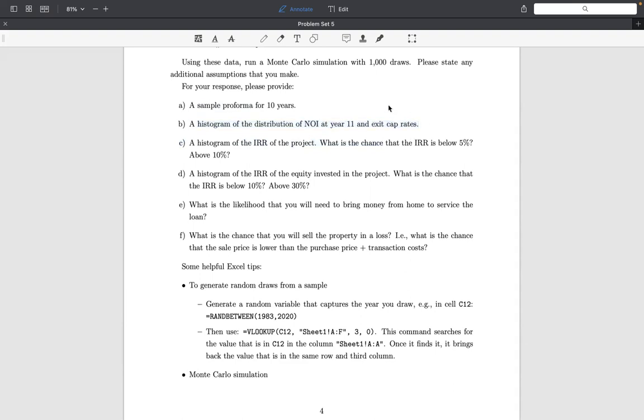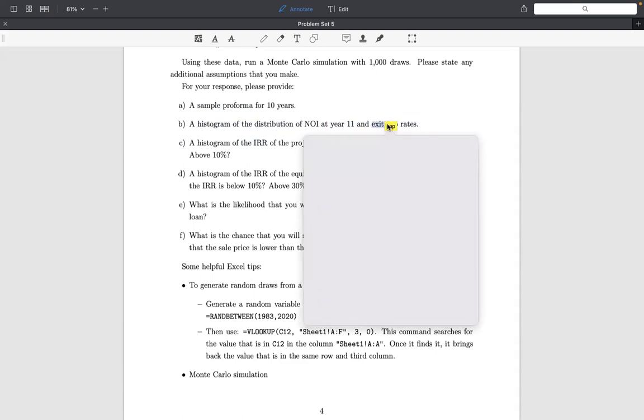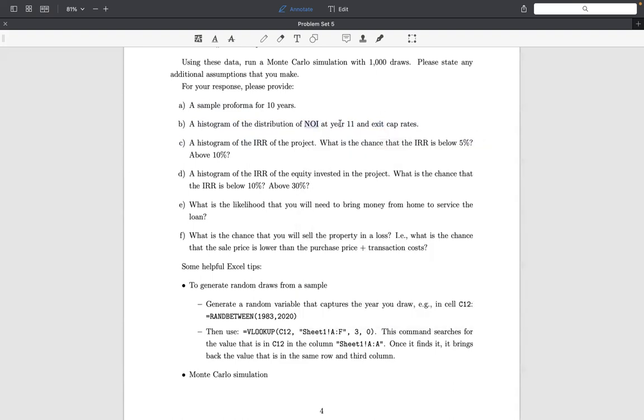I don't know why, but sometimes I see someone just report the histogram on exit cap rate or the NOI, not both. I don't know why you don't report both. And a histogram of the IRR of the project, which many people do. And I see someone only report the project level or the equity level IRR, not both, which is also weird to me.